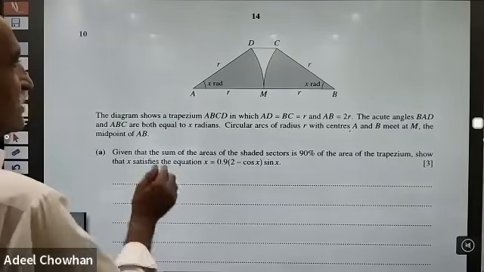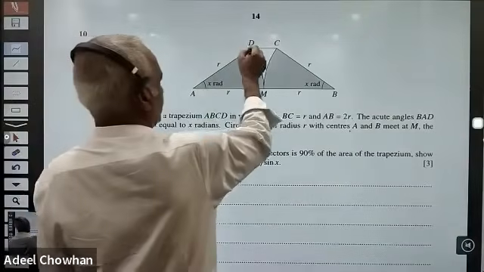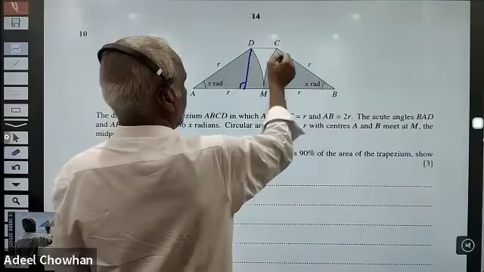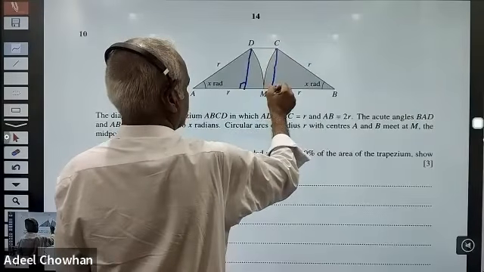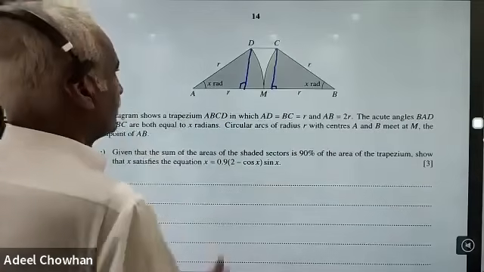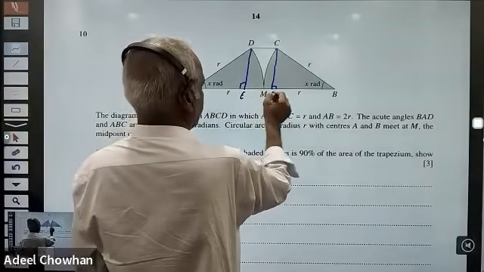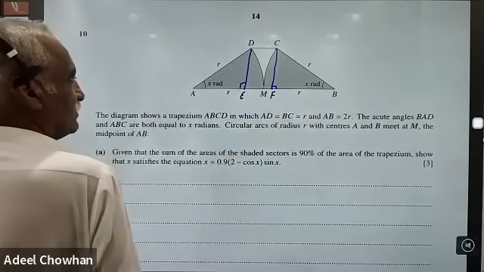Since this is a trapezium A, B, C, D, we draw a perpendicular from this, and we draw a perpendicular from this. So we have to calculate this. Let's say it is E and it is F. So we are going to calculate the EF length, which is equal to DC.